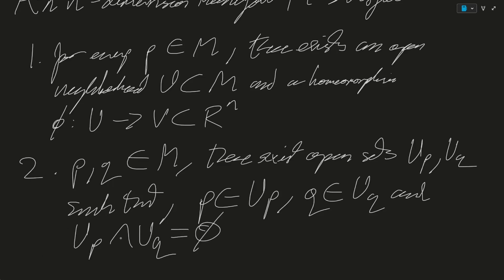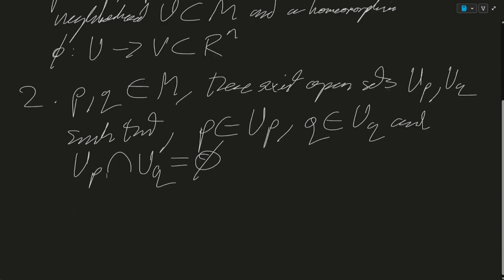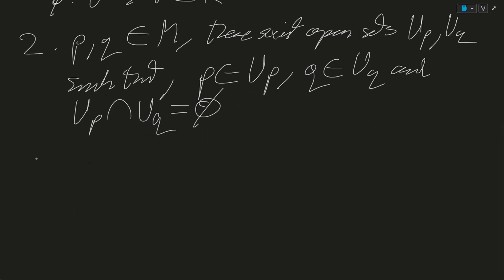Thus, there is no intersection. I'm going to change that very clearly to be intersection, because actually that sign means something that we will learn at some point in the future. Yes, there is no intersection between UP and UQ. And the final one, 3, is that M is second countable.